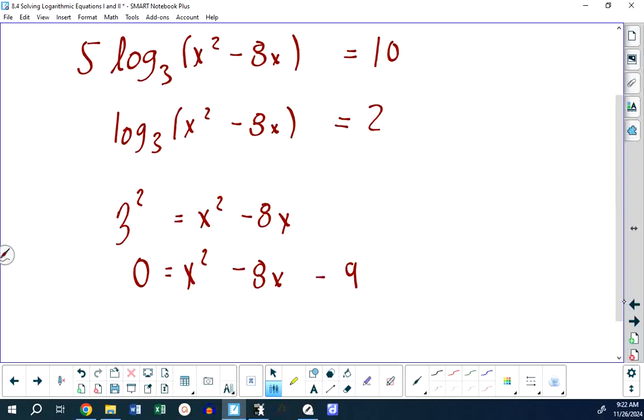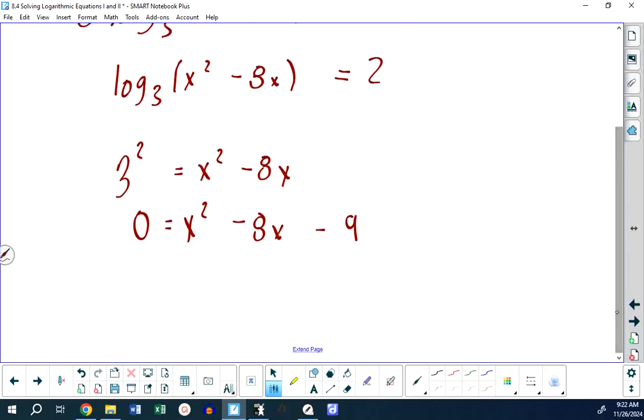And what we need to do is solve this now by factoring. I have never, and I'd bet a lot of money on this, I don't think you will ever be asked on an exam, certainly not mine, and I don't think the diploma exam, to solve a quadratic trigonometric or a quadratic logarithmic equation unless the quadratic ends up being factorable.